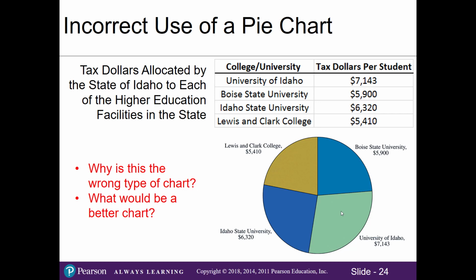For the pie chart to be appropriate, the slices of the pie should represent the parts of a whole. Instead, the amounts merely represented the dollars of state money spent per student at each university. So the sum of the 4 amounts in the pie chart was meaningless. In this case, a bar chart would have been more appropriate because then you can see which university had higher spending per student than the others.